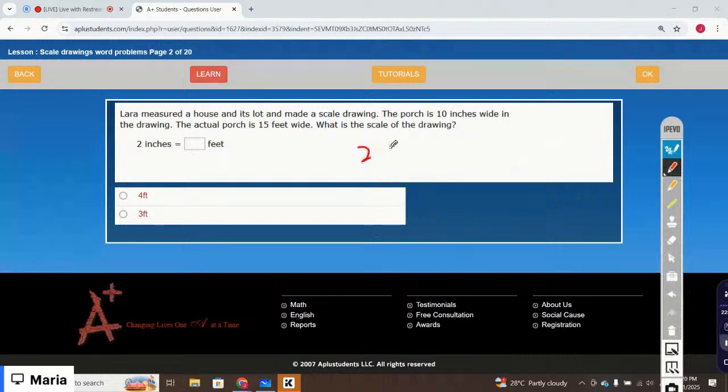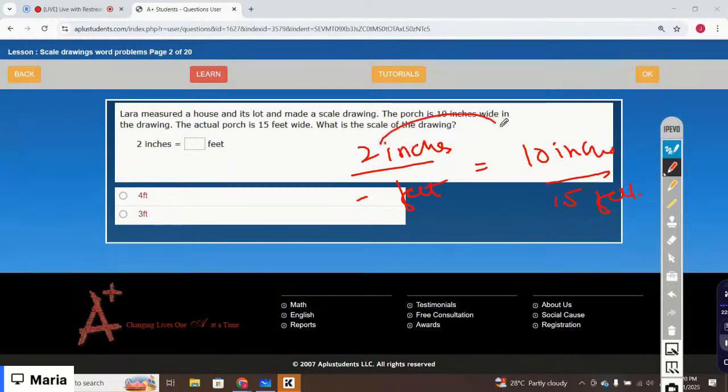So you need to calculate the scale, 2 inches to how many feet, right? The porch is 10 inches wide and actually it is 15 feet. So 2 times 5 is 10, right? So what number times 5 is 15? 3 times 5 is 15.